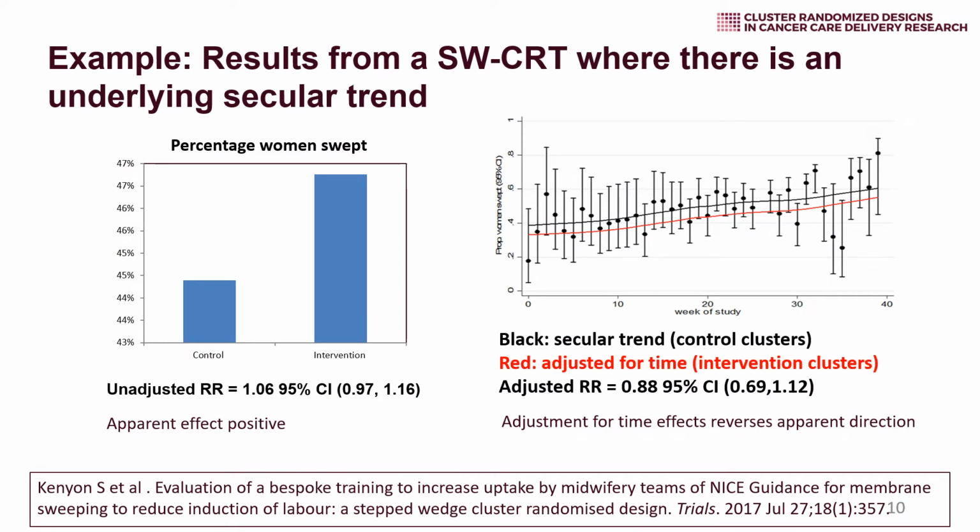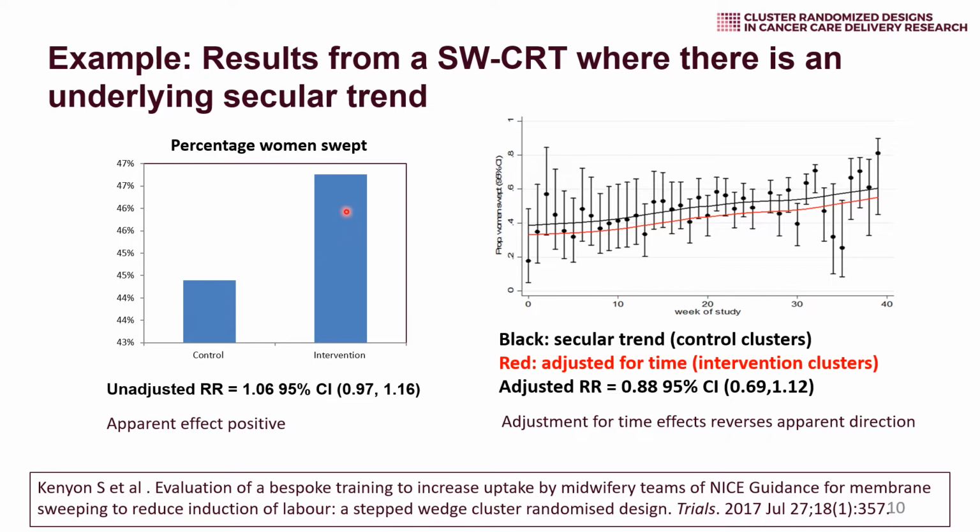So here's an example to illustrate why time can be a confounder in a stepped wedge trial and its potential importance. These graphs represent the results from a stepped wedge trial where there is probably an underlying secular trend. The trial in question aimed to increase the percentage of women who received a membrane sweep after exposure to the intervention.